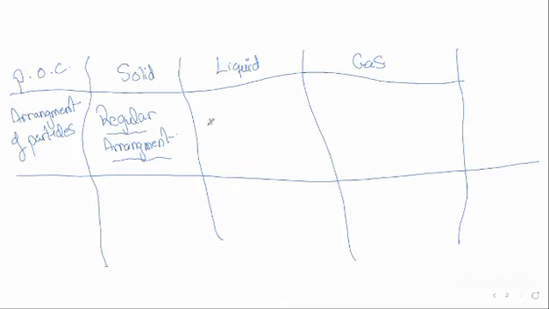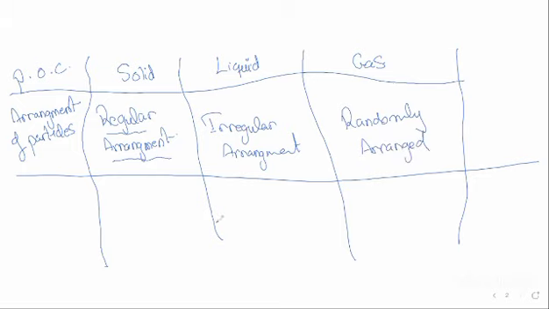I think it is an irregular arrangement. And for gases, for sure, they can change the shape and they can change the volume, so it is also irregular, or we can call it randomly arranged.